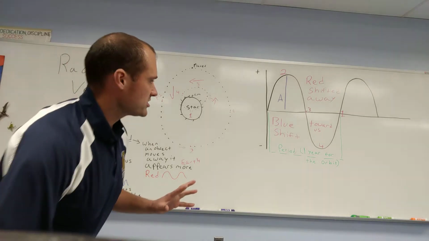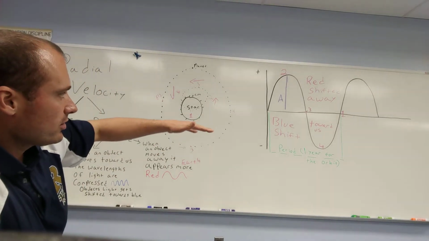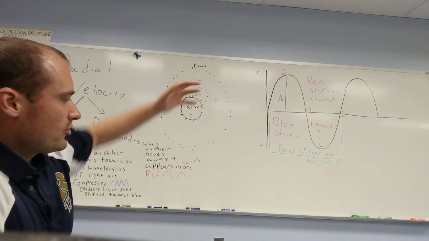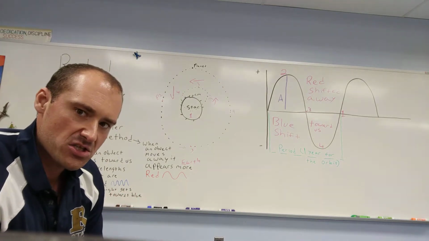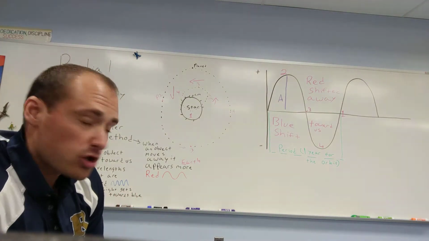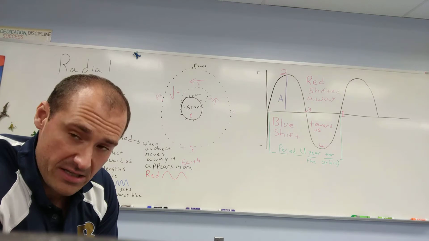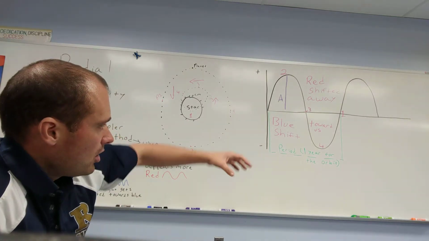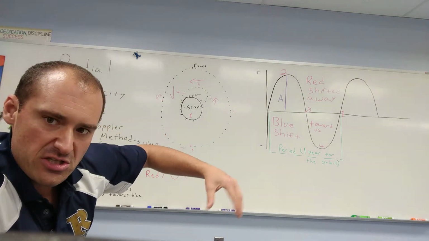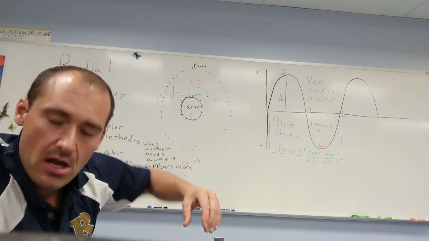What you'll probably notice is that the higher the amplitude, the larger the mass. The closer the planet is to the star, the tighter that period is, the smaller that period is.